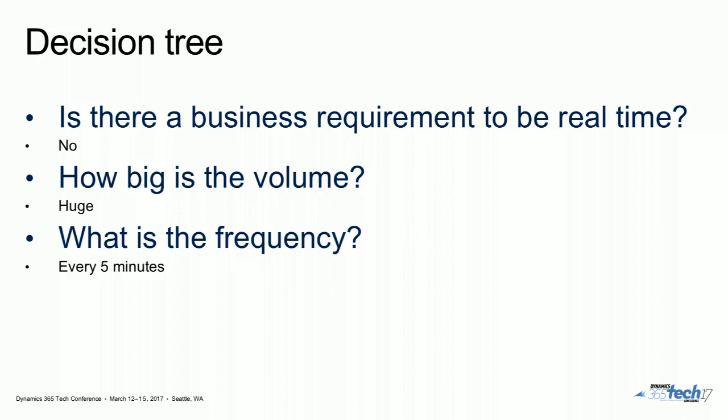And in terms of frequency, they were okay to have a frequency of every 5 minutes. Since they had an on-prem solution, we used SSIS to extract the data, spin up the orders as files, and then they use a custom service to enqueue those files to operations, and operations then process those files.